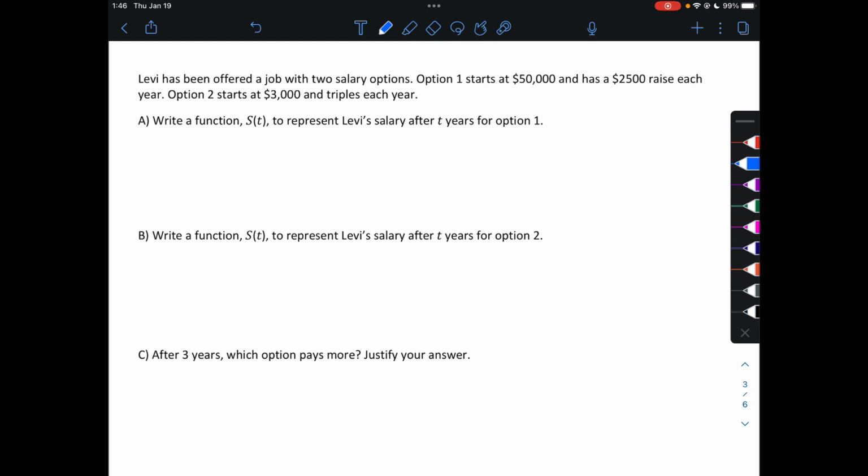So the first one, this is linear, okay? We called it in our sequence and series unit an arithmetic sequence. So it's basically just start at 50,000, add 2,500 for every year of t.